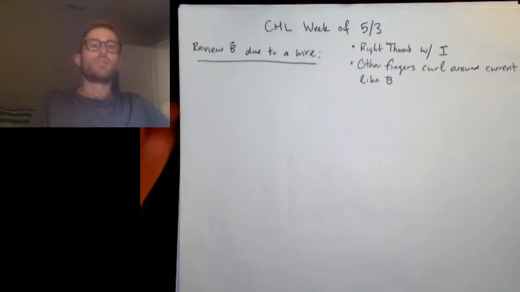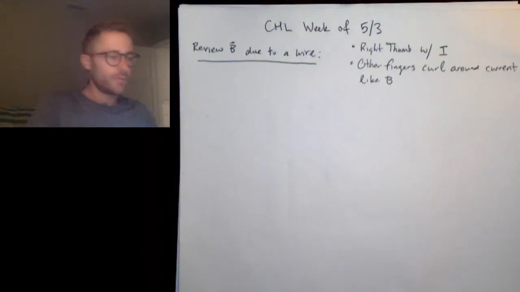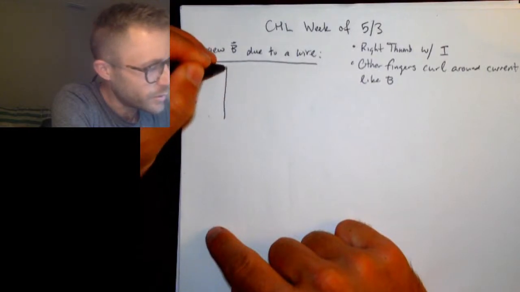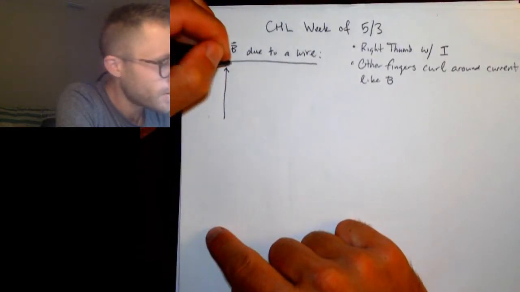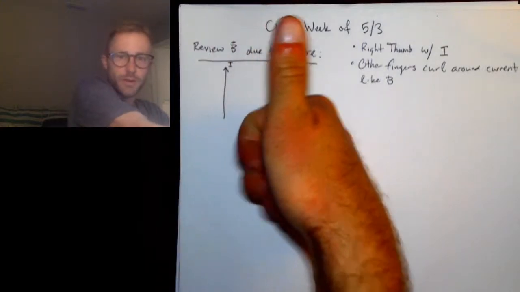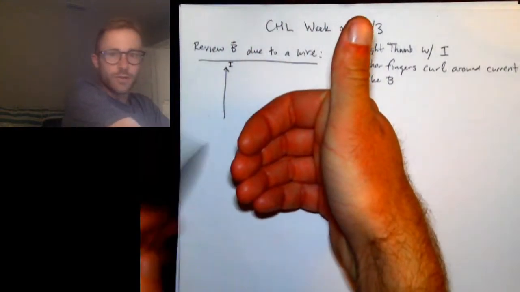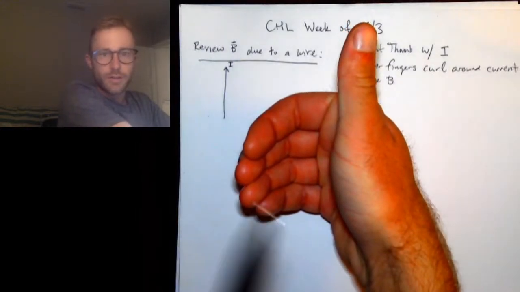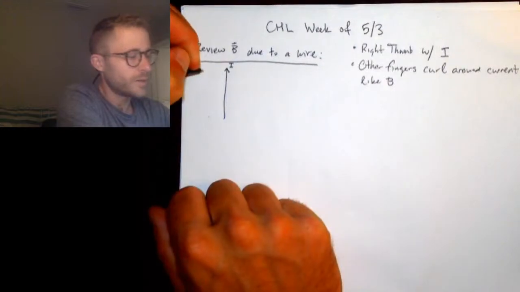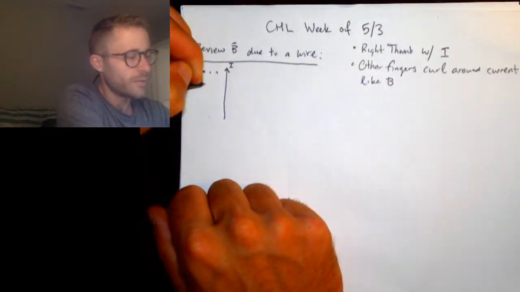So, for example, what if we have a current that is going upward? I would take my right thumb and point it upward, and you can see that my fingers are curling in this sense. So on the left side of the wire, the magnetic field is pointing out of the page.